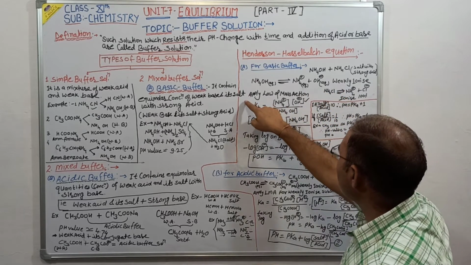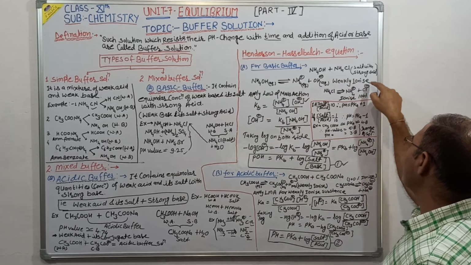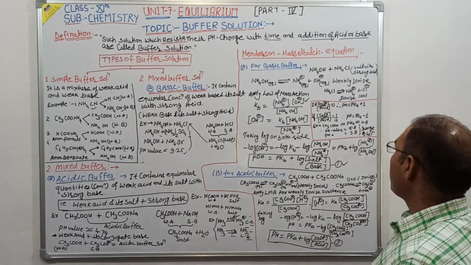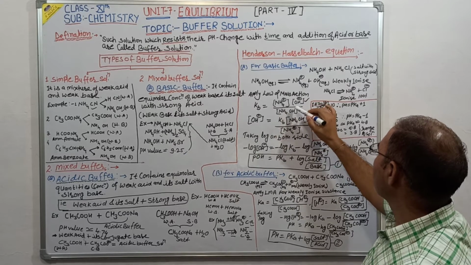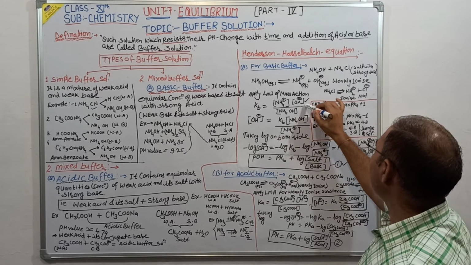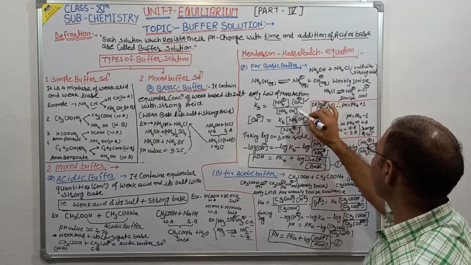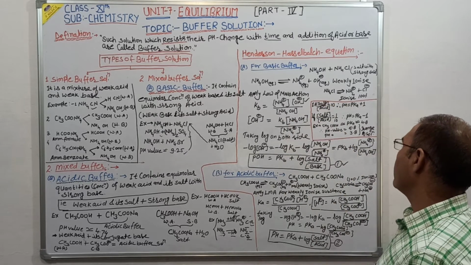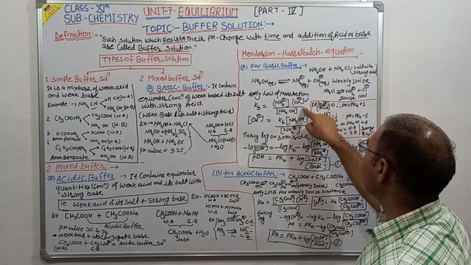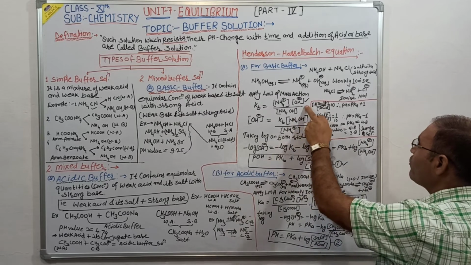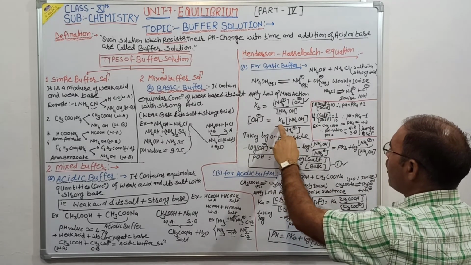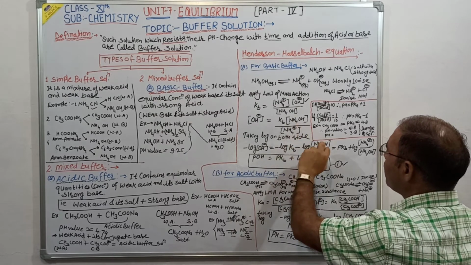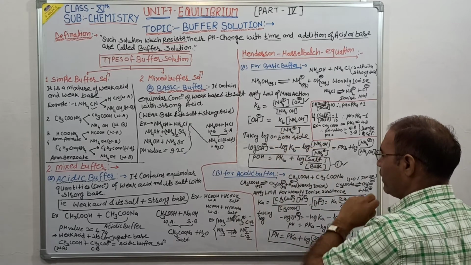So apply the law of mass action for the weakly ionized substance. Kb is equal to NH4 plus and OH minus ion concentration upon NH4OH, that is, product upon reactant. So OH minus ion concentration is equal to Kb times NH4OH concentration upon NH4 plus ion concentration.